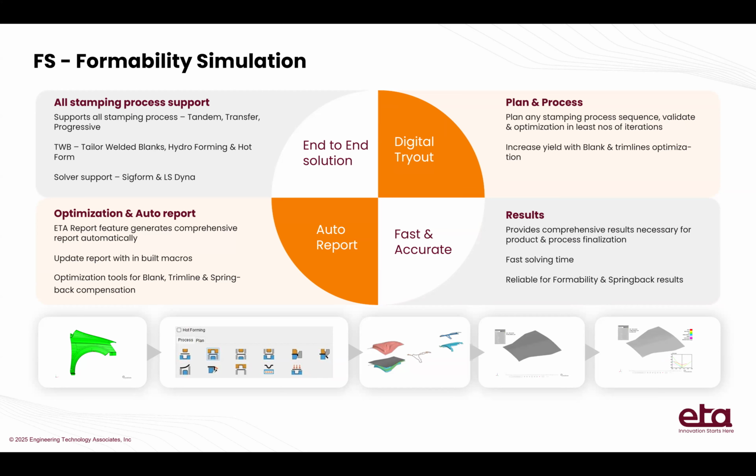FS supports tandem, transfer, progressive, tailor welded blank, hydroforming, hot forming, and even stretch forming. It includes springback compensation and blank trimline development tools for optimization. It can also predict wrinkles and cracks to reduce the tryout loops.